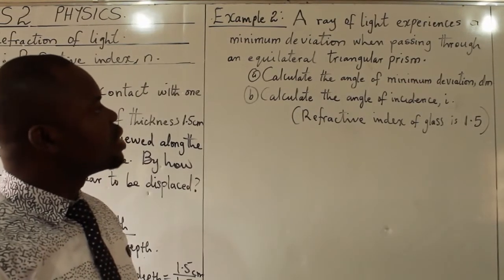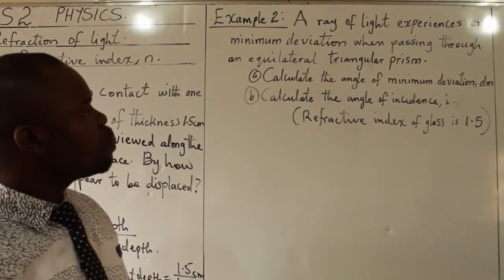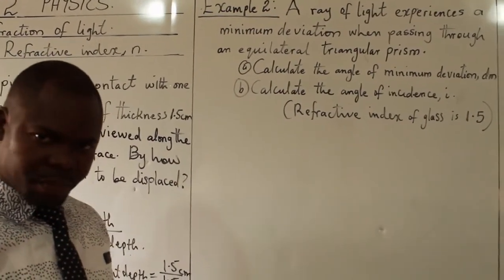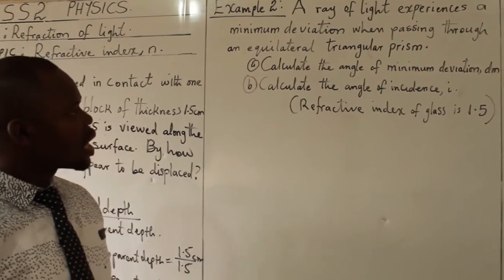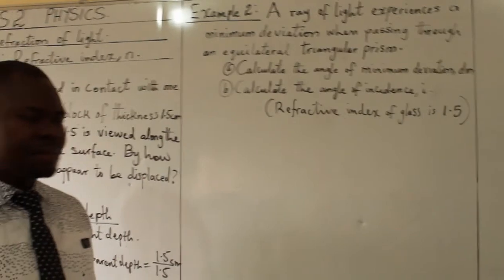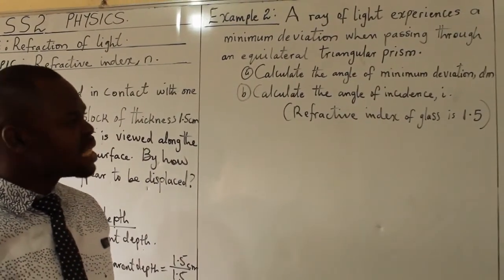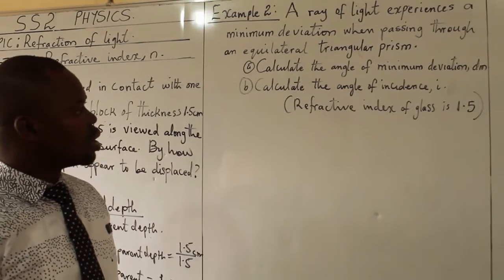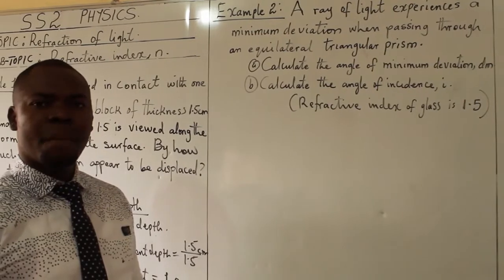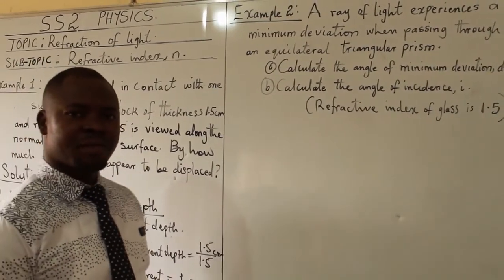A ray of light experiences a minimum deviation when passing through an equilateral triangular prism. A. Calculate the angle of minimum deviation, dm. And B. Calculate the angle of incidence, i. We're given that the refractive index of glass is 1.5.